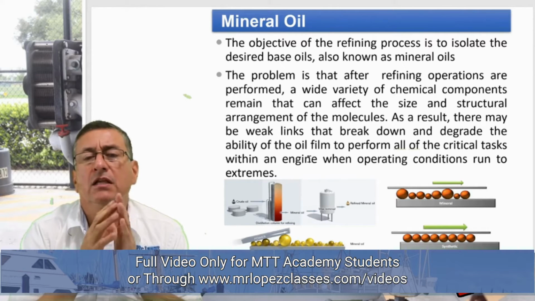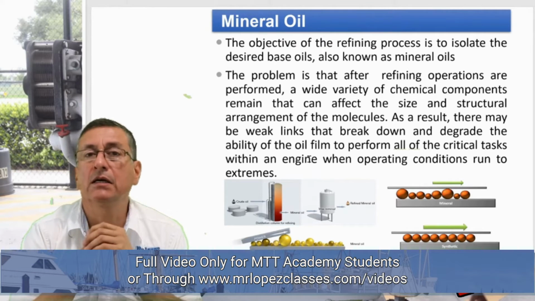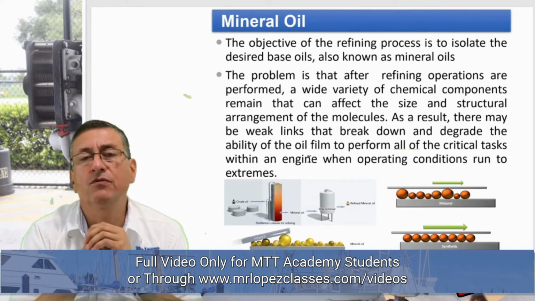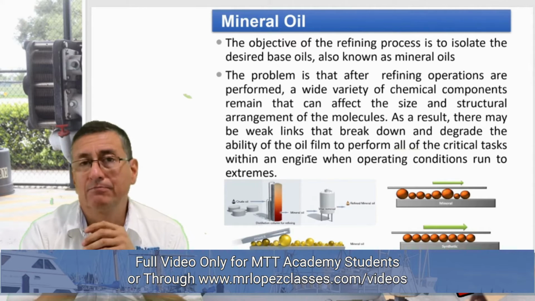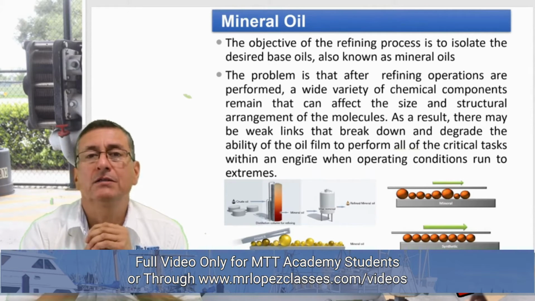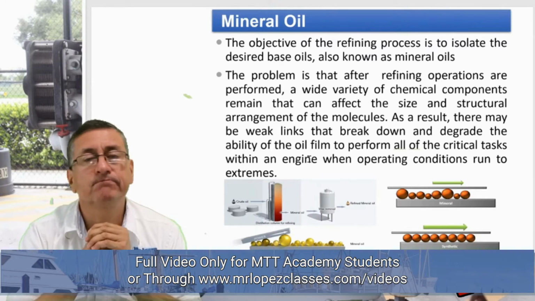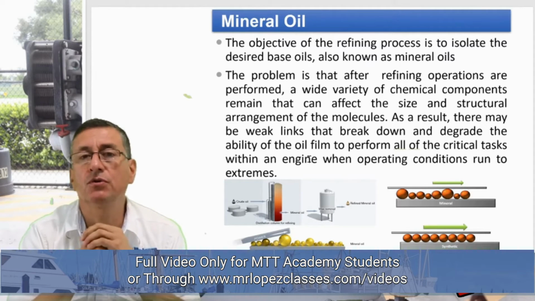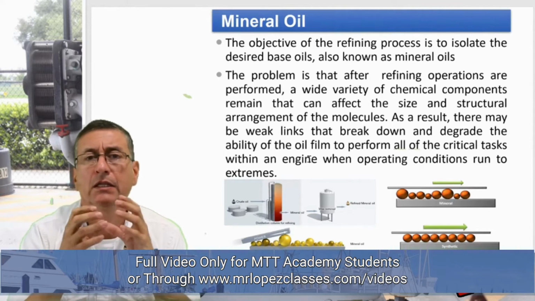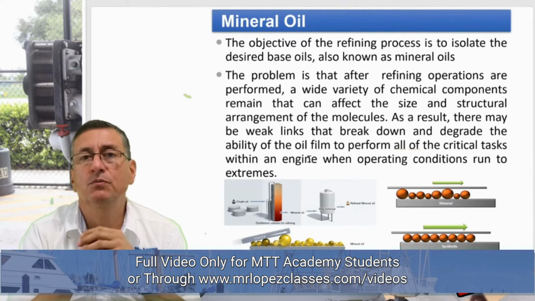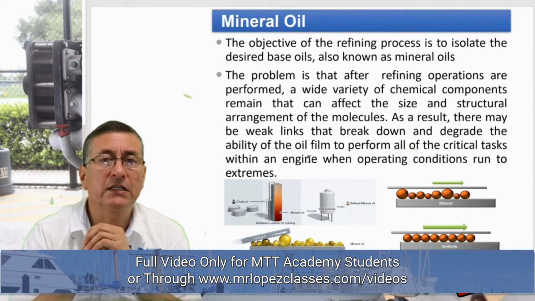The inconvenience in the refining process is that some elements like carbon, sulfur, and phosphorus stay in the oil, and those contaminants produce catastrophic consequences in the future. For example, the most common is sulfur. The sulfur in the explosion produces sulfur oxides.